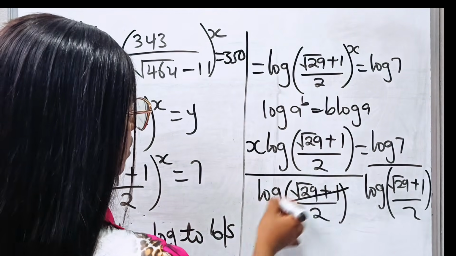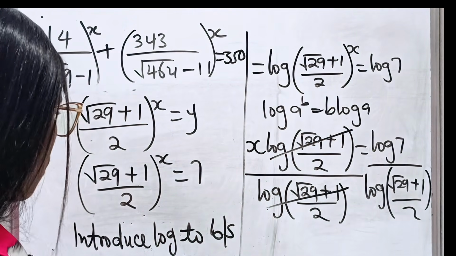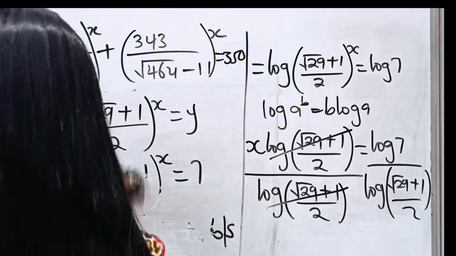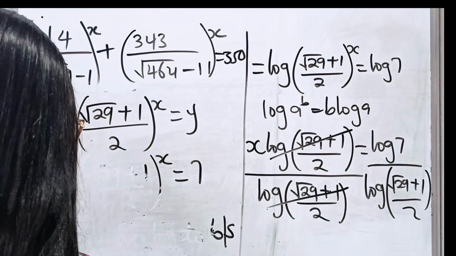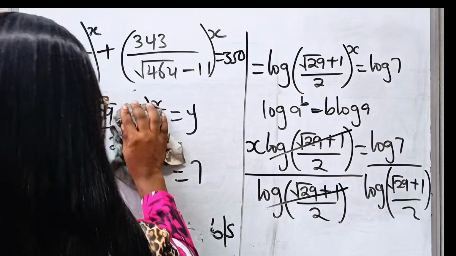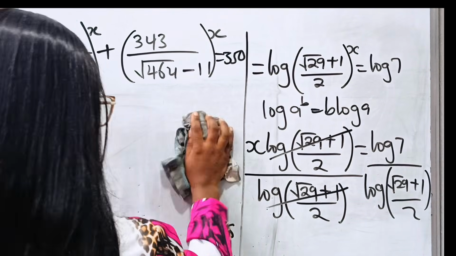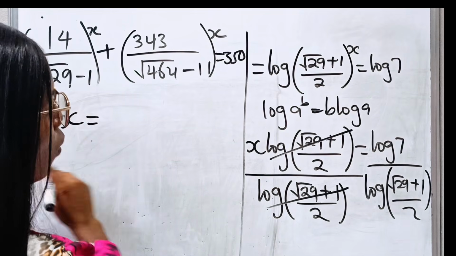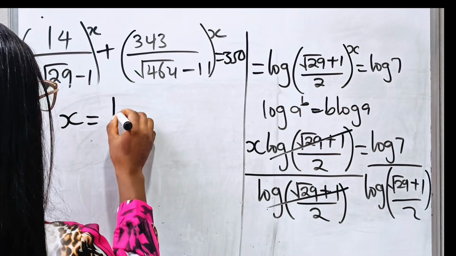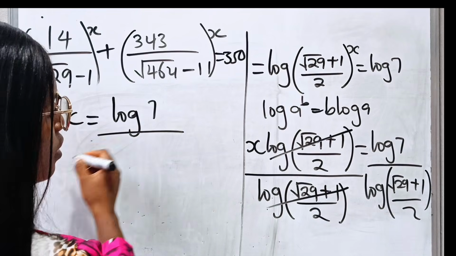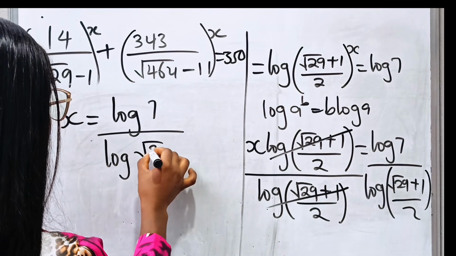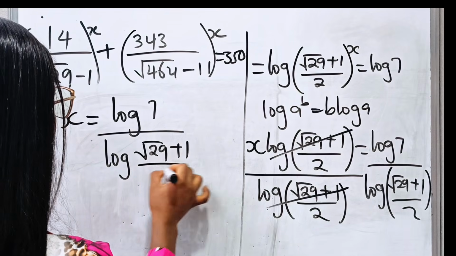So you can see that this will remove this. Now what we have left is x is equal to log 7 divided by log of square root of 29 plus 1 divided by 2.